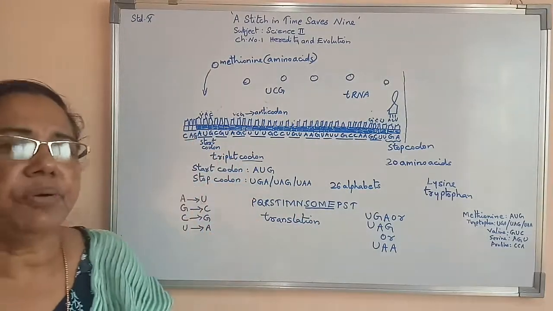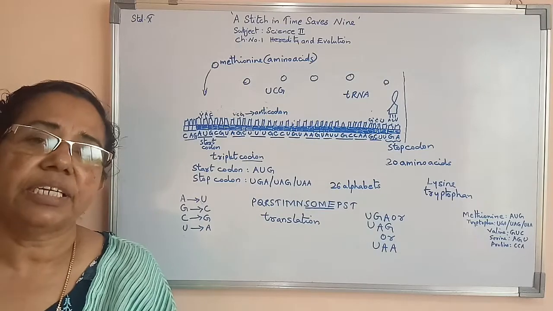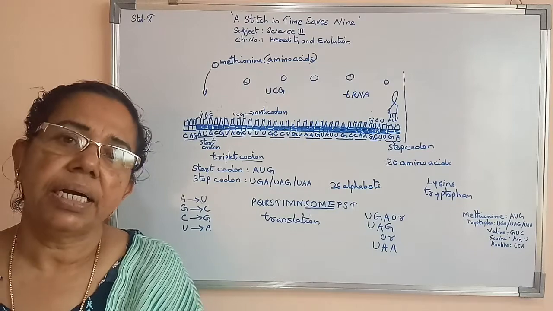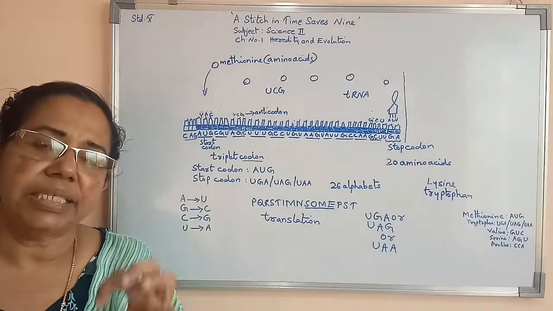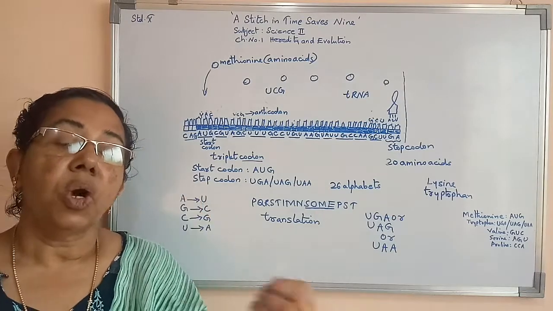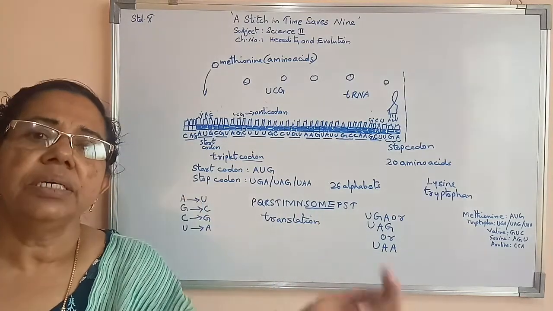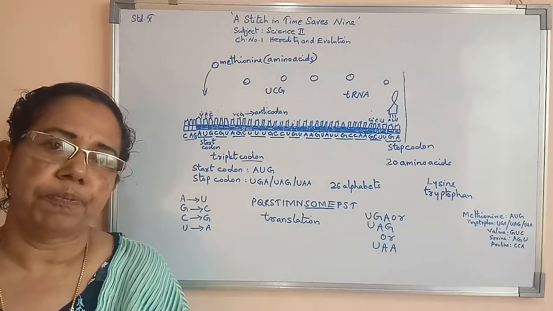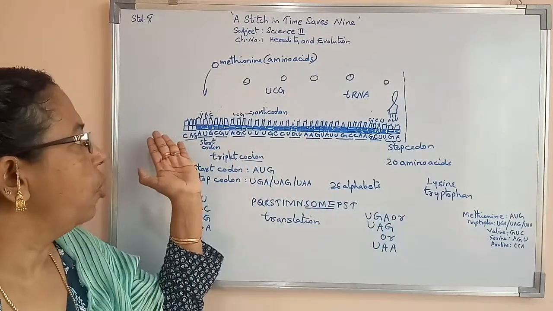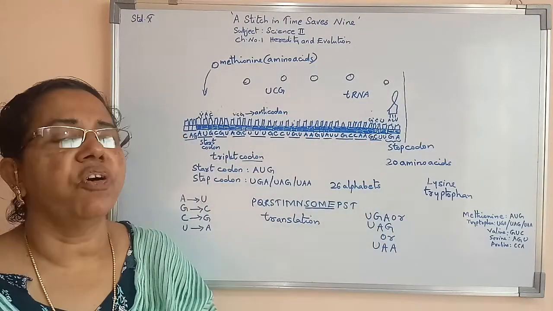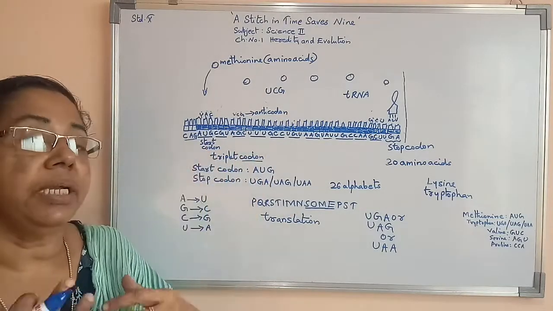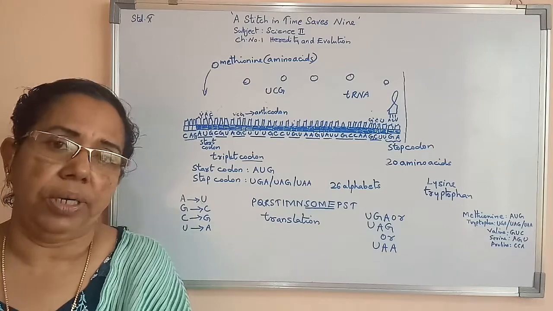So before, we studied about transcription. Transcription is the formation of messenger RNA by DNA. As and when messenger RNA forms, it carries the coded message from the nucleus to the cytoplasm. As and when it reaches the cytoplasm, it will have many coded pieces of information with it, in the form of triplet codons.